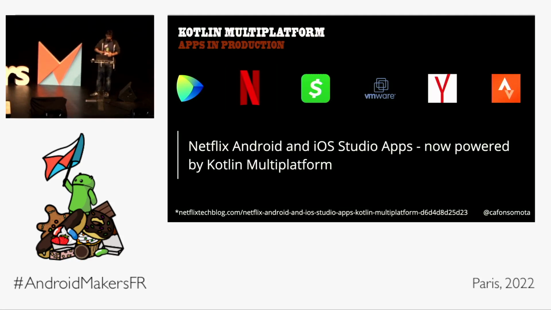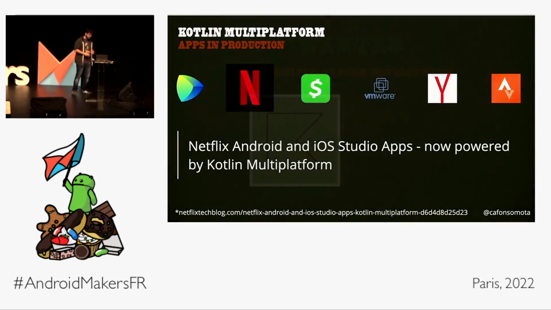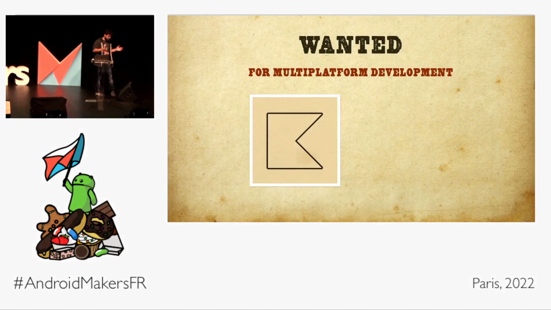You've got Cash App, the people from SQLDelight. You've got VMware that shares their business logic. You have Index Maps that shares business logic and offline data management. You've got Strava. You've got a lot of applications that are moving towards multi-platform. So, key takeaway, you should use Kotlin Multiplatform. But there's more to it.